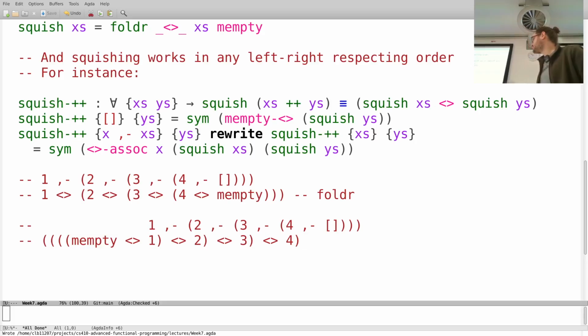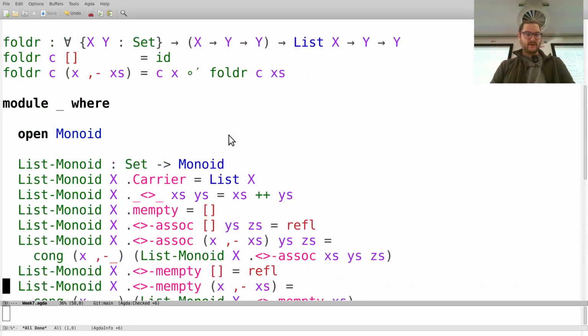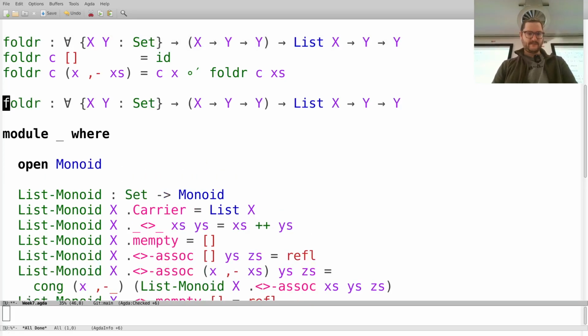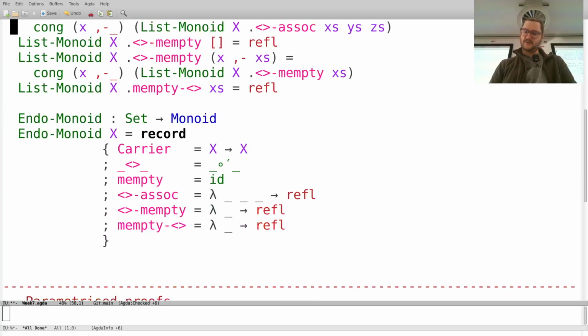And because we said that brackets do not matter, it shouldn't matter whether we are computing fold R or fold L. So let's go and define fold L. Fold L is here. So it's starting from the base case.